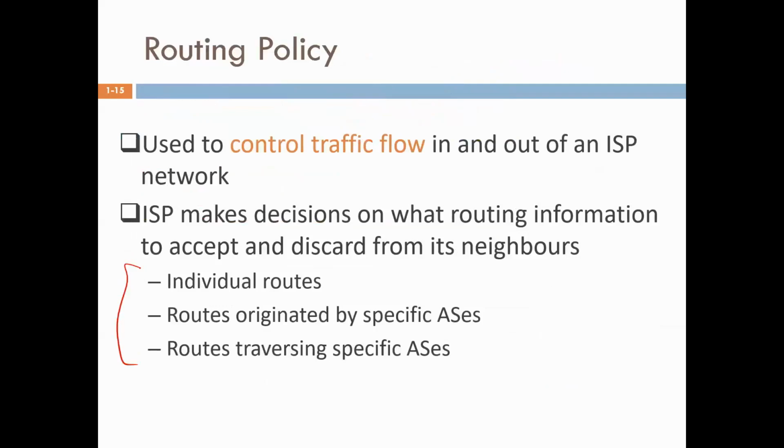Let's say, for example, the US does not want their traffic to go over any route in China. So they don't want to accept any announcements made there, okay? Or maybe they don't have an agreement with some autonomous systems in Russia or any other place, so they don't want their traffic to be sent there. Whatever the routing policy of an autonomous system, they can enforce it by accepting and rejecting announcements from other autonomous systems.